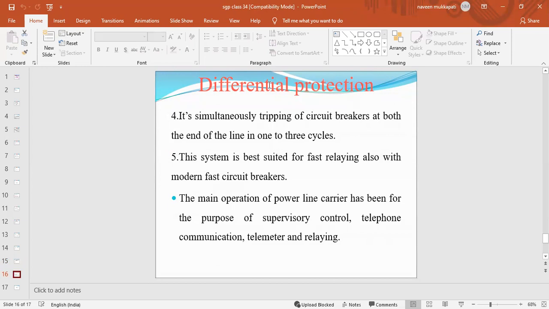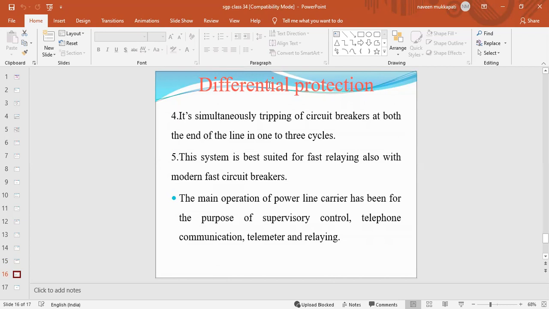By comparing these two, it identifies whether the fault is severe or not severe. Then it checks the 1 to 3 cycles for the operation. This system is suitable for fast relaying and also fast modern circuit breakers, and it is most suitable for modern protection.